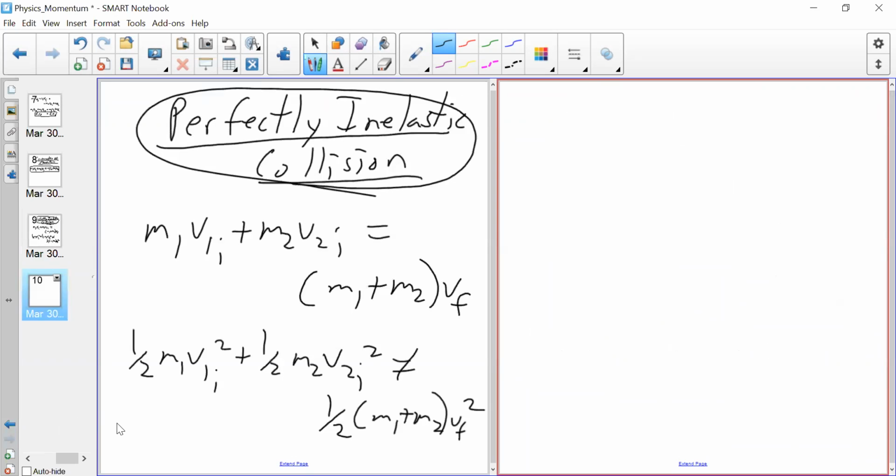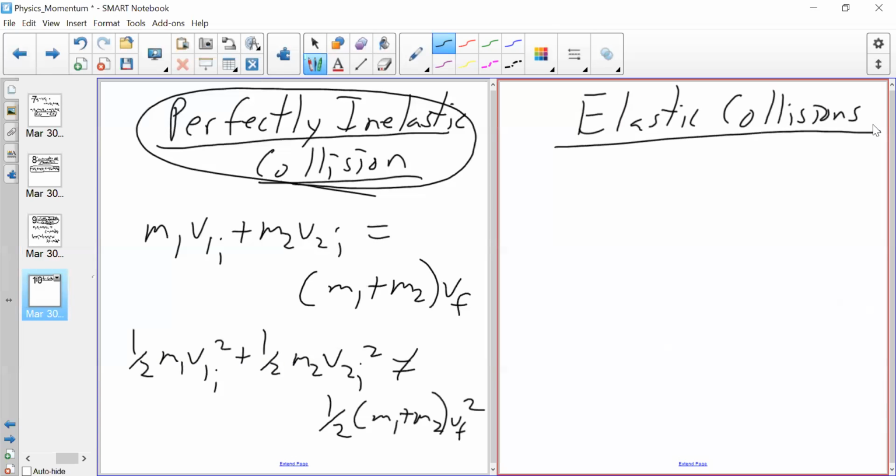But in an elastic collision, rebounding, we basically have the full conservation of momentum equation. So let's say that we had two objects. You have as many objects as we want.